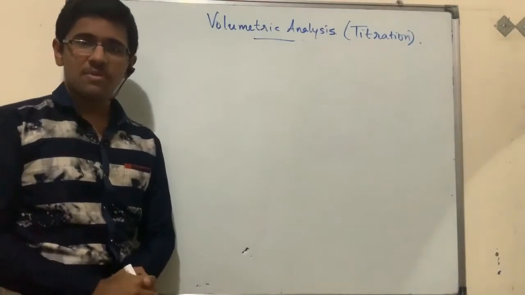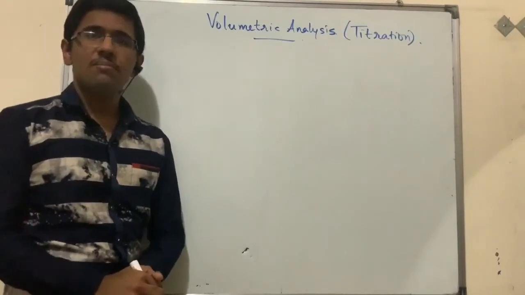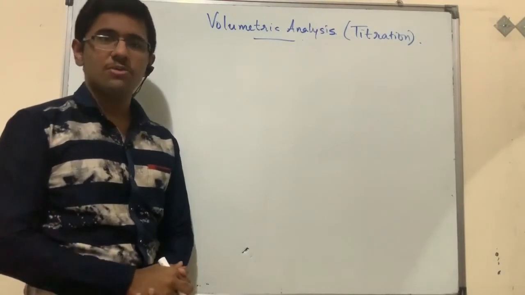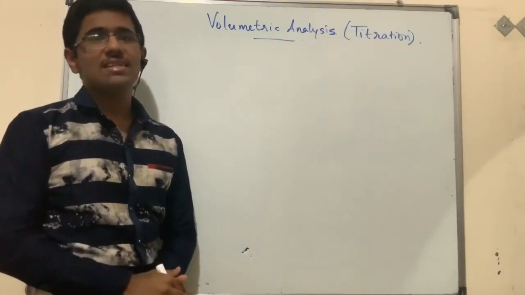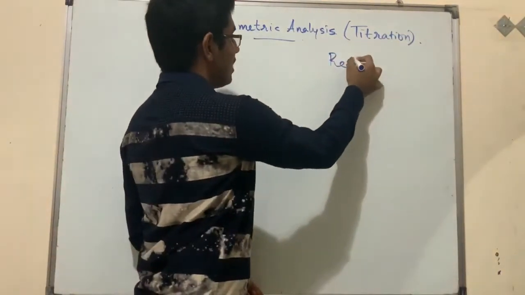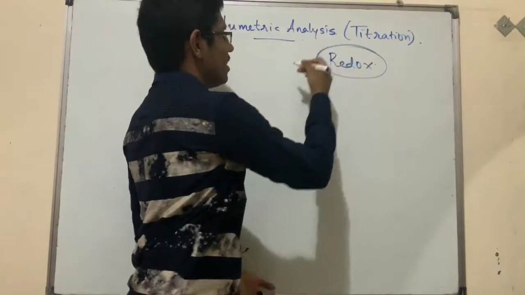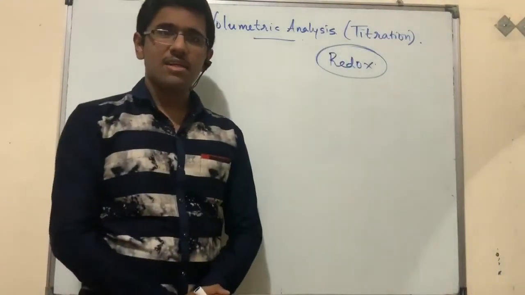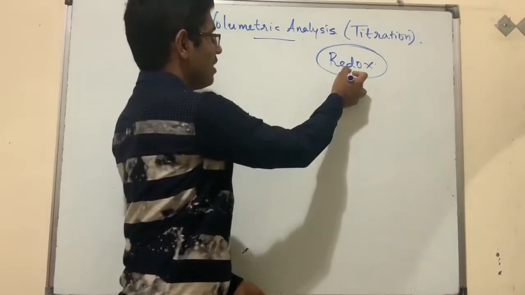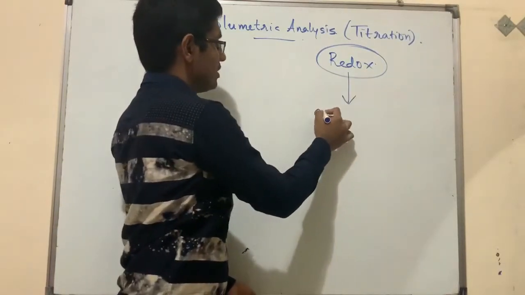Titration is a chemical procedure in which a solution in the burette and another solution in your titration flask are allowed to react, which is a spontaneous redox reaction. Indirectly we are telling it's a redox reaction, and by analyzing the volume of the product of the redox reaction, we can determine the concentration of unknown quantities.